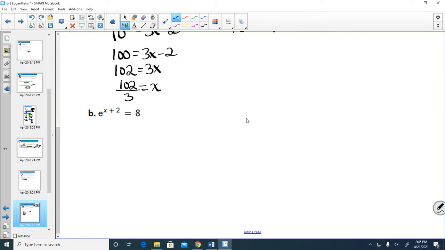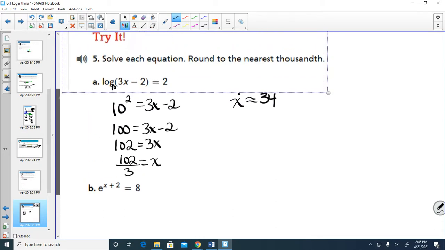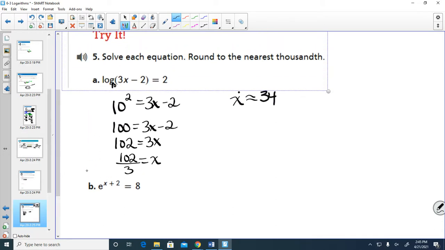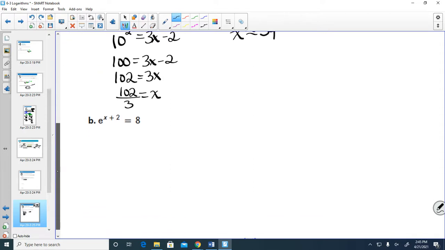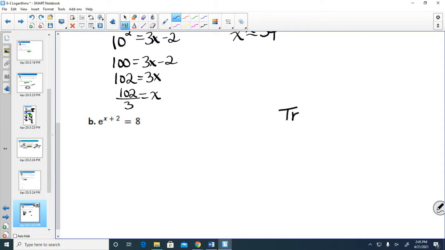Part B is e to the x plus 2 equals 8. Now the equation before it was in log form, so I translated it to exponential. If you're given an equation in exponential form and you can't solve it the way that it is written, you can translate it into log form.